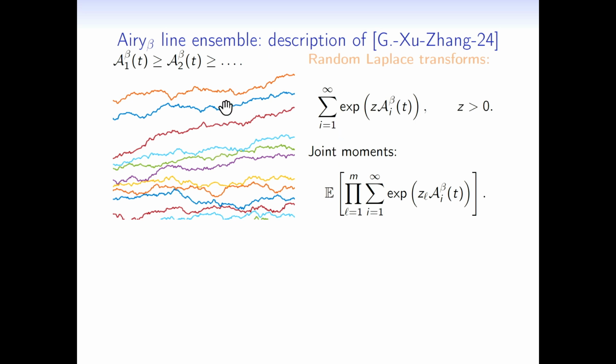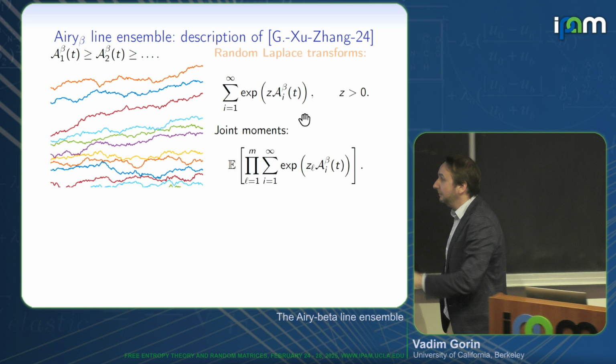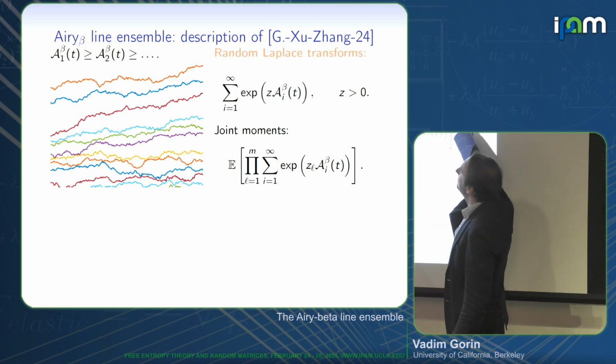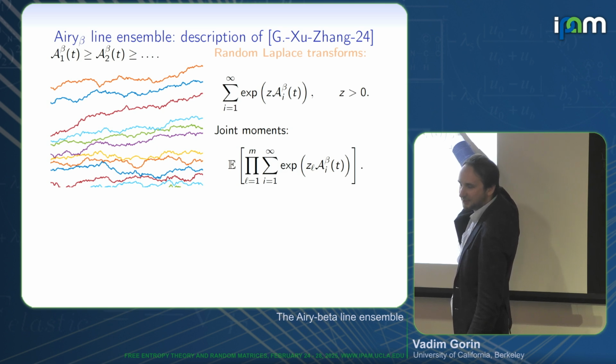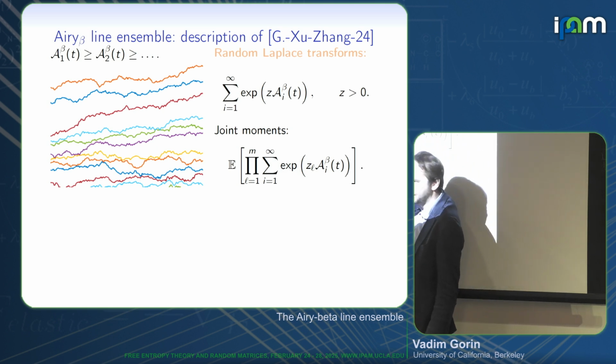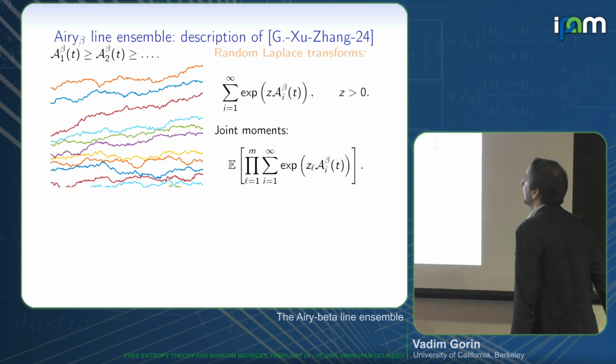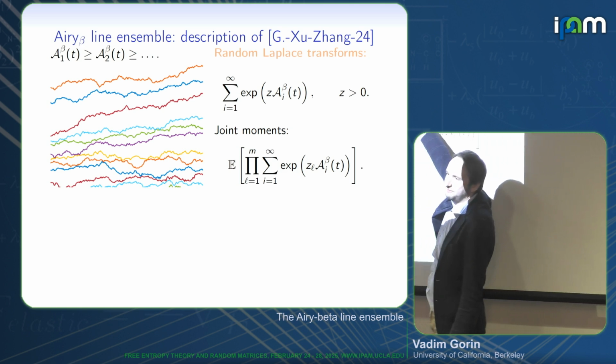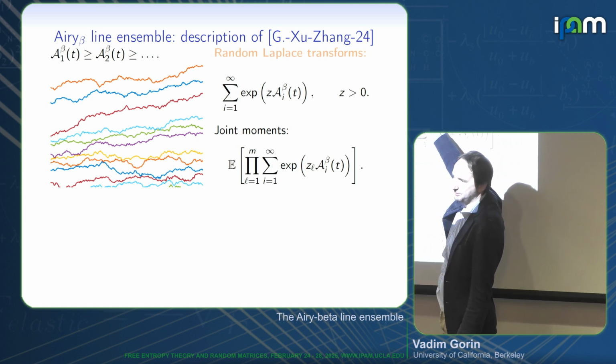You sum over all particles in the vertical section the exponent of z times the position of the particle. This is an infinite sum, so z needs to be positive in order for it to have any chance of convergence. But then it is actually convergent, because there is exponential decay. But this sum is, of course, still a random variable. It's not deterministic.